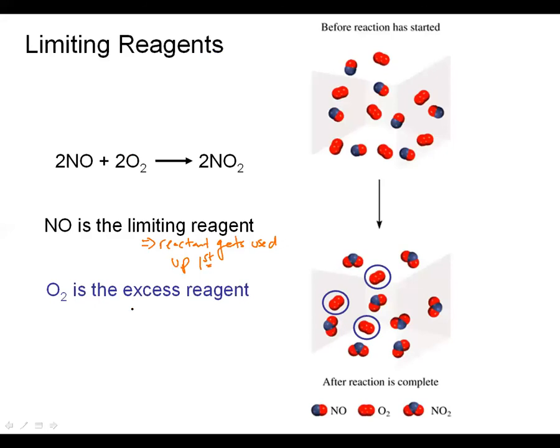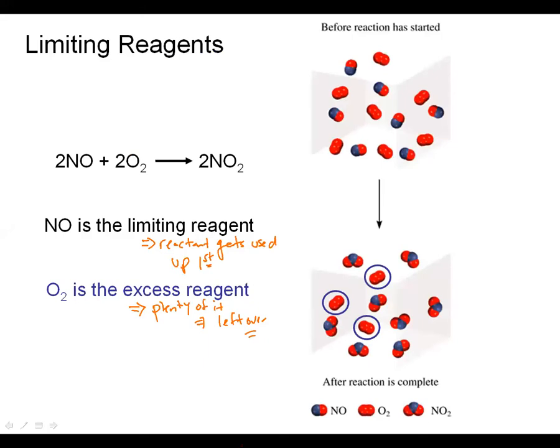While the other reactant is what is known as the excess reagent, which means you have plenty of it. And it's actually left over when it's all said and done. So when the reaction is actually over, you still have some of that reagent left over.